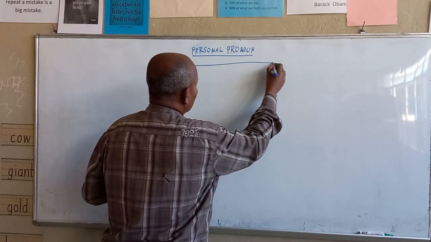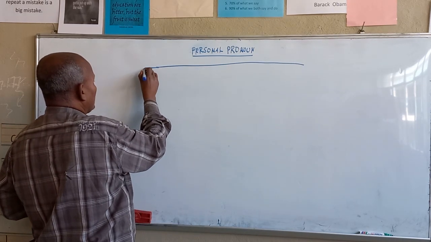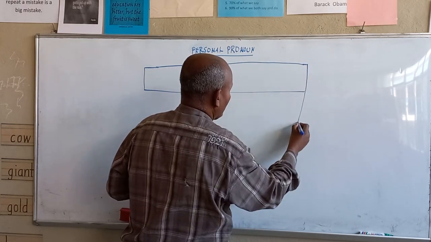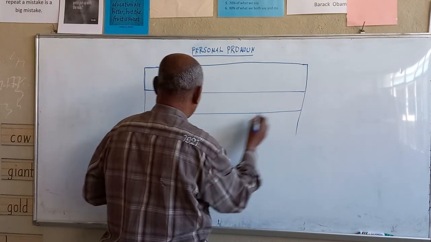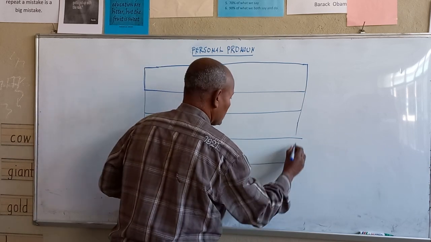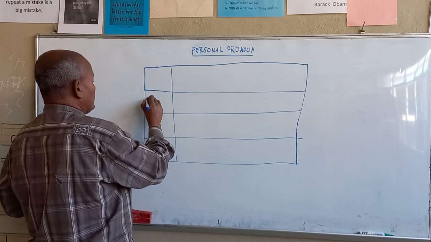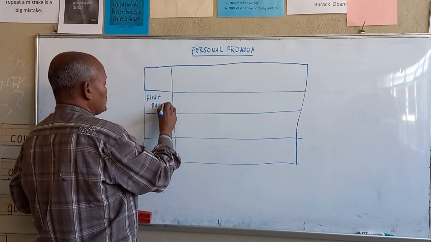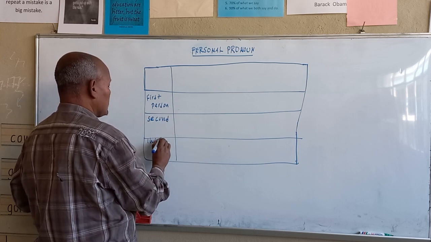So let's draw the diagram which refers to personal pronouns. Look here, this is called first person, and here is second person, and here is third person.